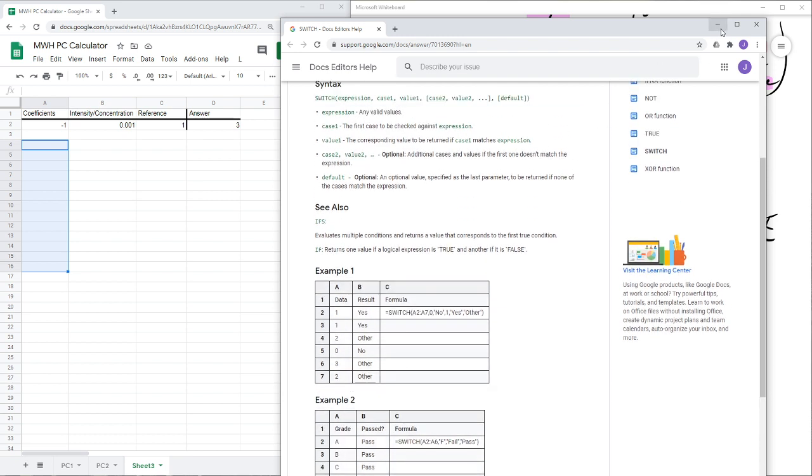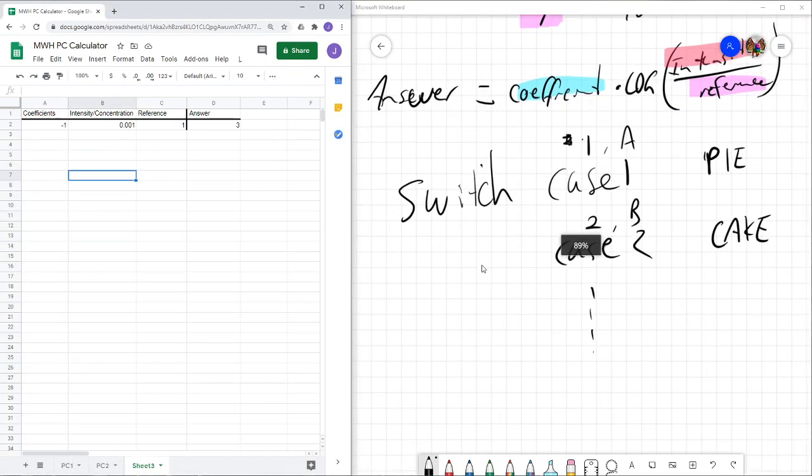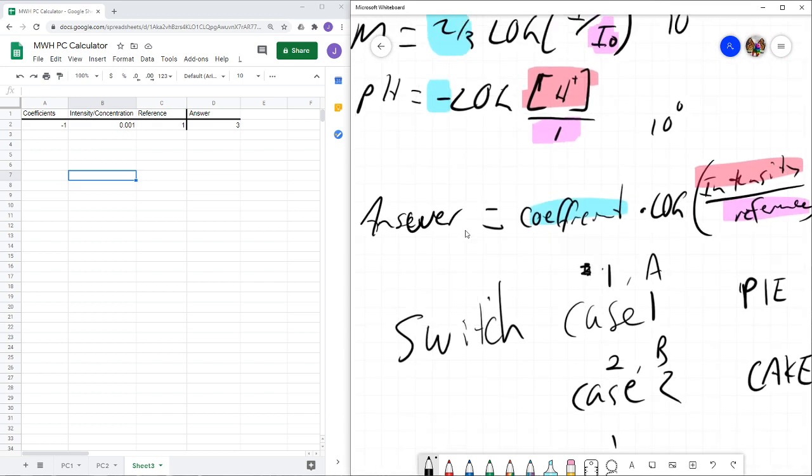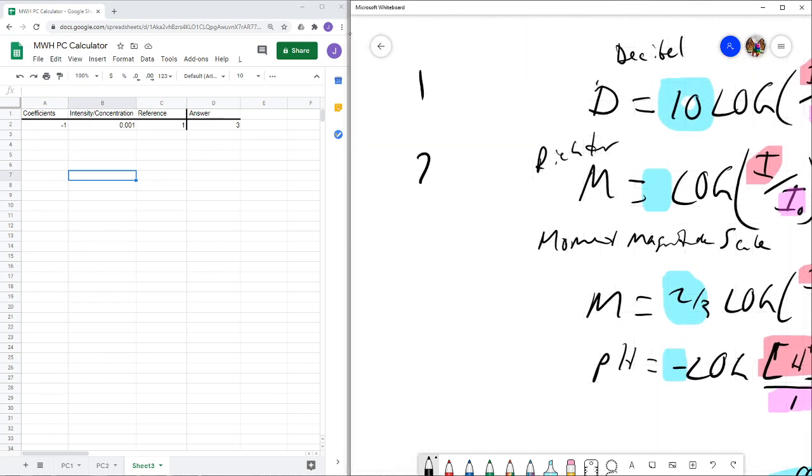So this is what we're going to do. We've got 4 functions here, right? I'm just going to number these 1, 2, 3, 4.